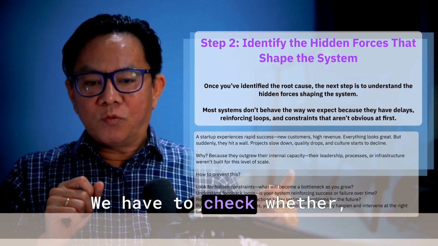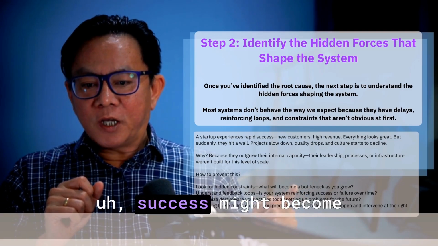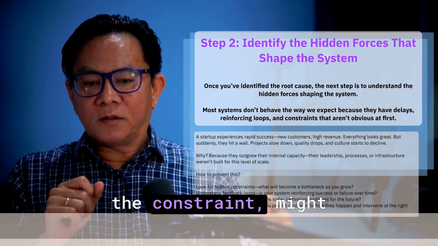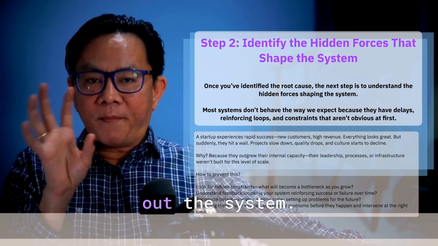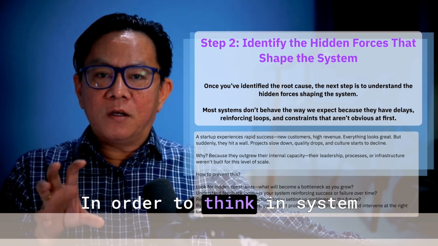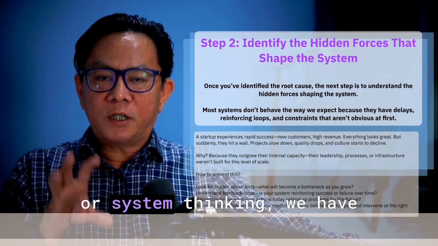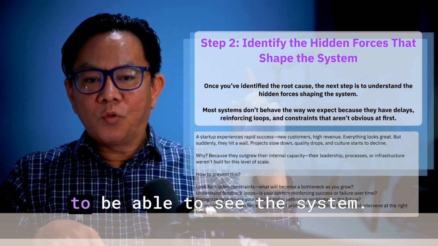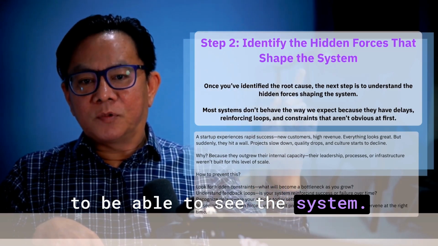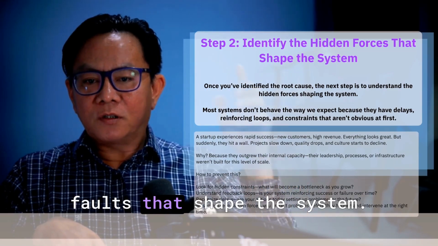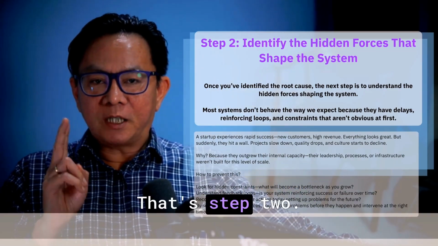We have to check whether success might become the constraint, might become the bottleneck. So step 2, map out the system. In order to think in systems, we have to be able to see the system. We have to see the hidden forces that shape the system. That's step 2.